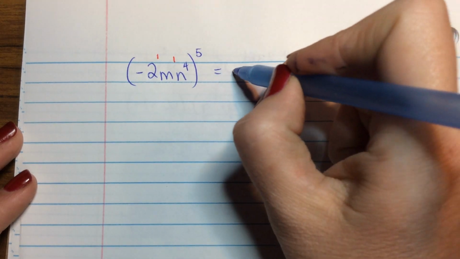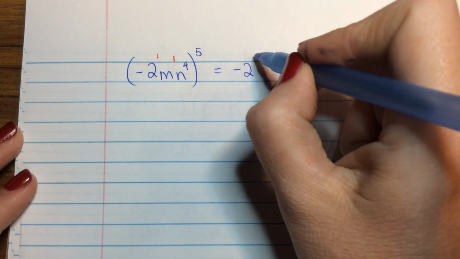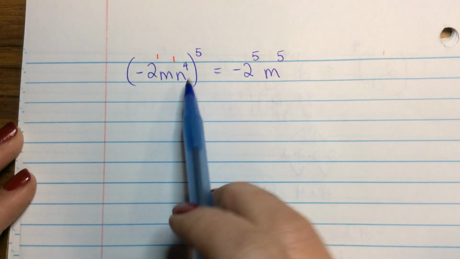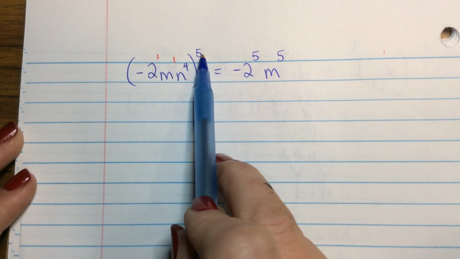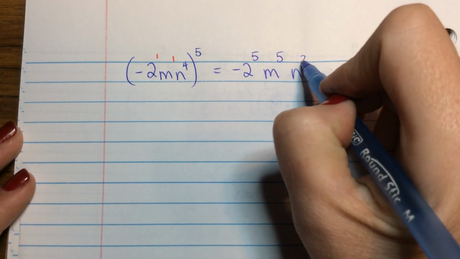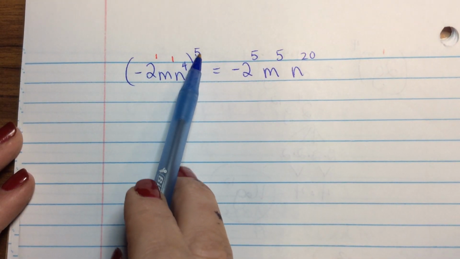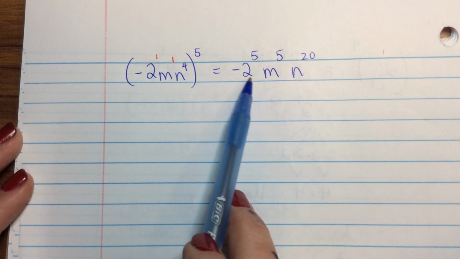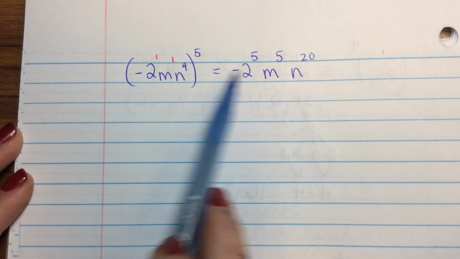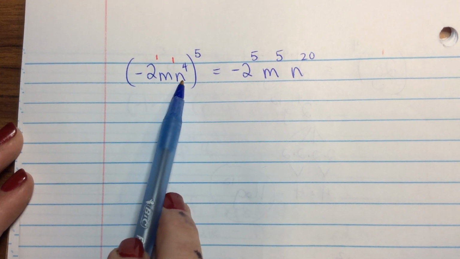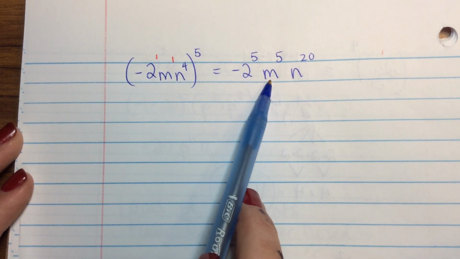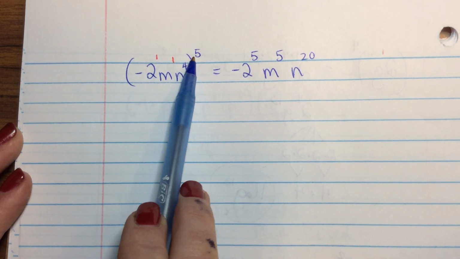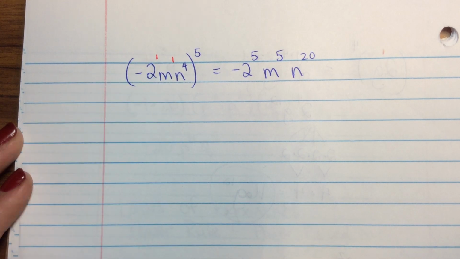So I really have negative 2 to the 5th, m to the 5th, and then I have n to the 20th, because 4 times 5 is 20. So all I've done is taken 5 times 1, 5 times 1, and 5 times 4. And I've kept all the bases the same. It was negative 2, m, and n. It's still negative 2, m, and n.